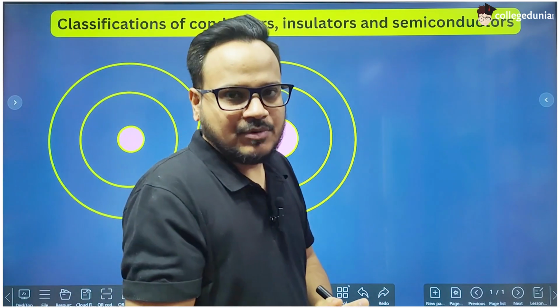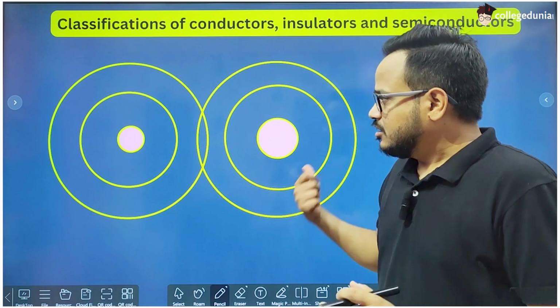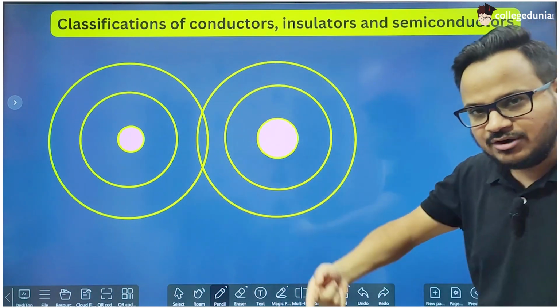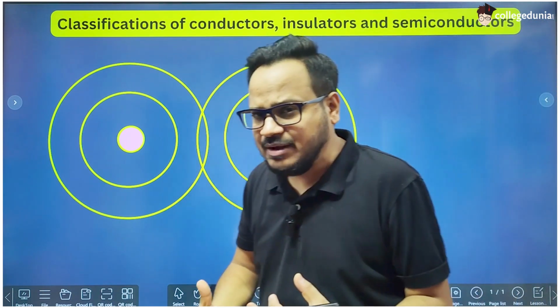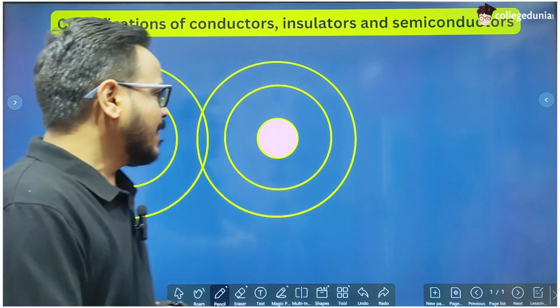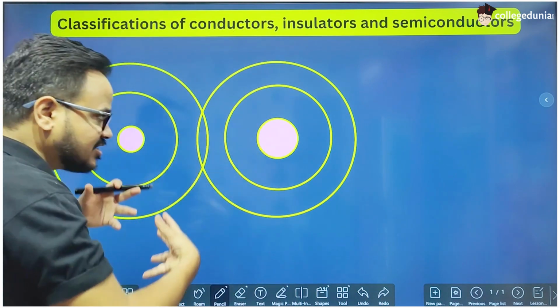They are all overlapped because this structure is of a solid form and in solid form atoms are tightly packed with each other. So the external shells merge into each other.